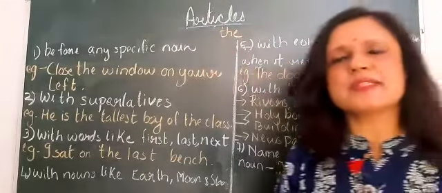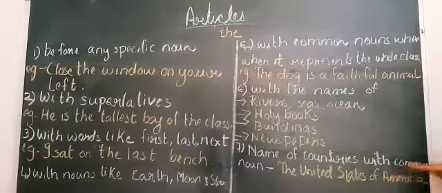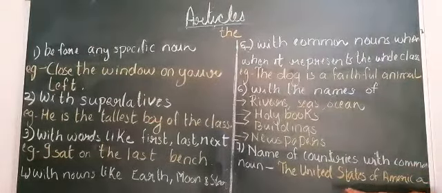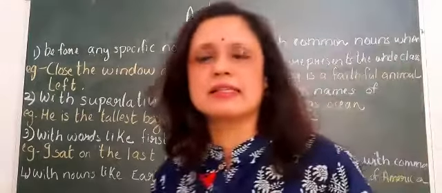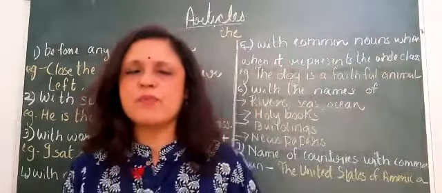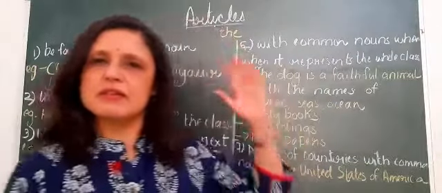We also use the article "the" with the names of countries which include a common noun, like the United States of America. I hope now it is very clear when we use the definite article "the".